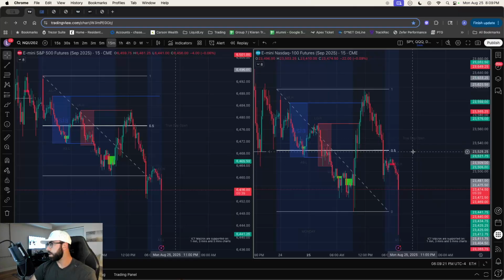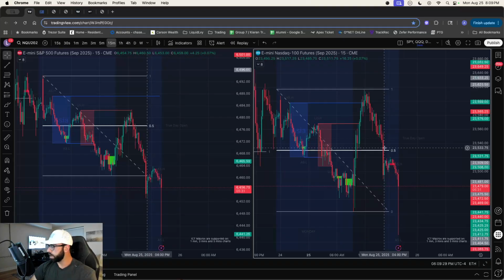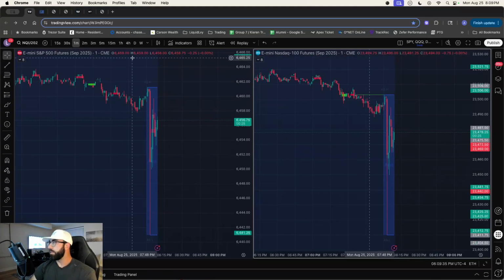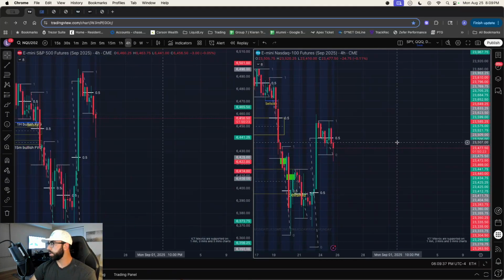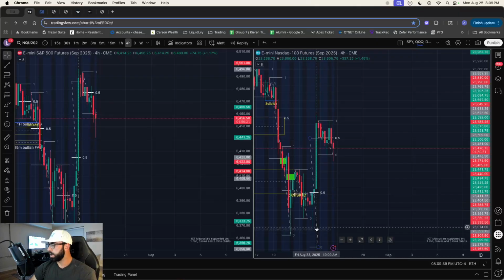It wasn't a small sweep. Yeah, no. It may come up and take out today's 50% and deliver off the 15 minute bearish there. But I feel like the high time frame draw is still sell side, still down here.